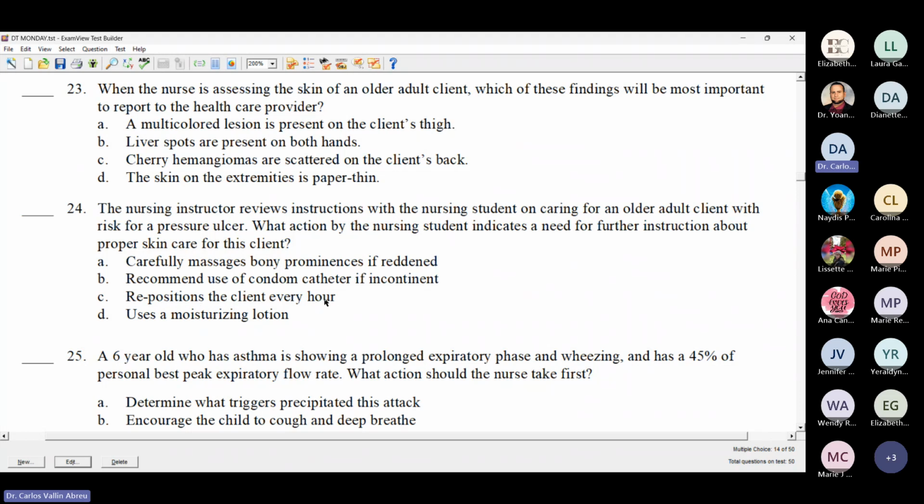Reposition the client every hour. Okay. Repositioning the client every hour might not be enough. You know there is a scale called the Braden scale that considers several risk factors like friction, shearing, pressure, incontinence, nutrition, sensitivity, mobility, and gives a score.